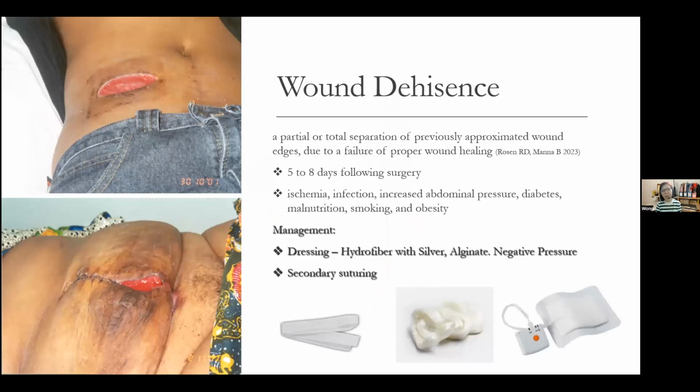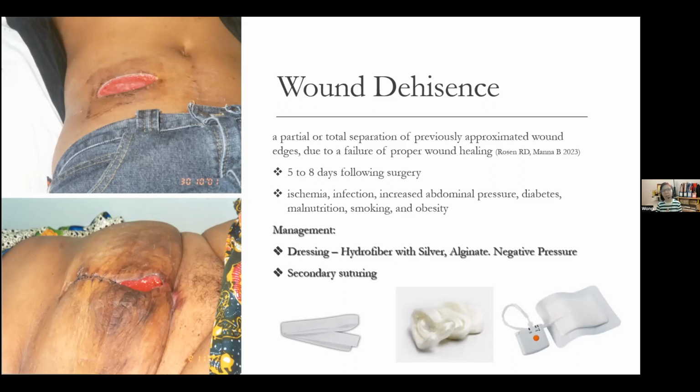However, if the wound has broken down already, it may go from an acute wound into a chronic wound. Wound dehiscence is defined as a partial or total separation of the previously approximated wound edges, due to failure of proper wound healing, so it opens up again.